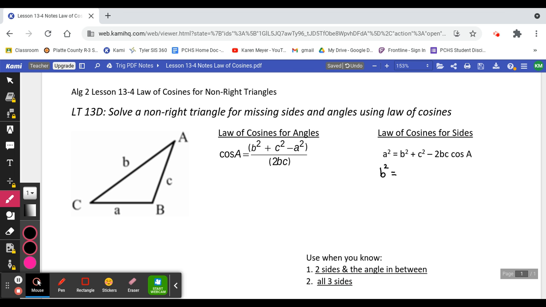So that would be little a squared plus little c squared minus, and it's always 2 times the two sides you added together, which is a and c, times the cosine of the angle that matches who you're solving for. So we are solving for b, so we would use angle B.